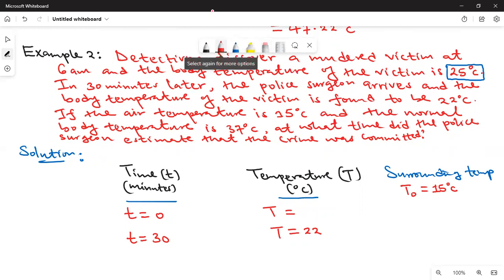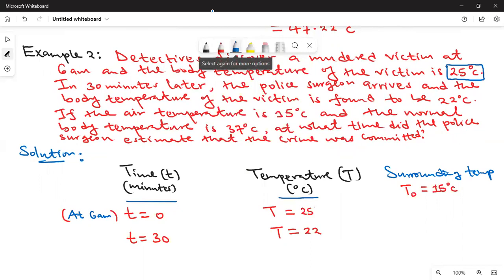So this is 25 degrees centigrade. And remember, this is at 6 a.m. That is when the first temperature of the victim was taken and was found to be 25.